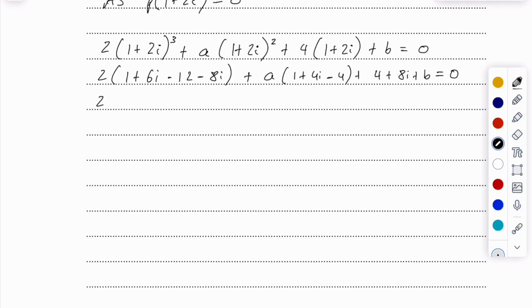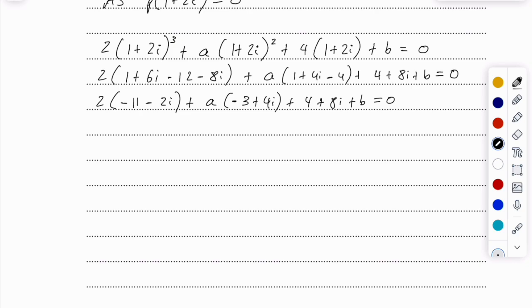Therefore, 2 times negative 11 minus 2i, plus a times minus 3 plus 4i, okay, and then plus 4 plus 8i plus b equals 0.